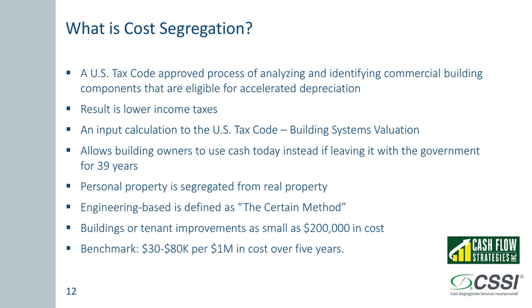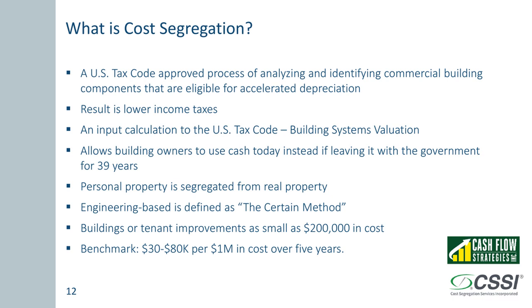Well, the tax code says there are better other ways of doing it, including engineering-based cost segregation. It's an input calculation to the U.S. tax code, and it allows building owners to use their cash today instead of leaving it with the government for 39 years.